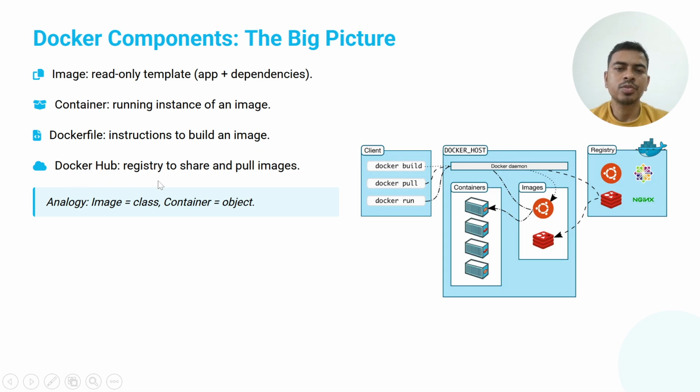Docker Hub: a registry to share and pull images. So an image is like a class and a container is the object. You can see this: there is a Docker host, multiple containers, images, and here a registry. So docker build, docker pull, and docker run. These are the commands we can run.